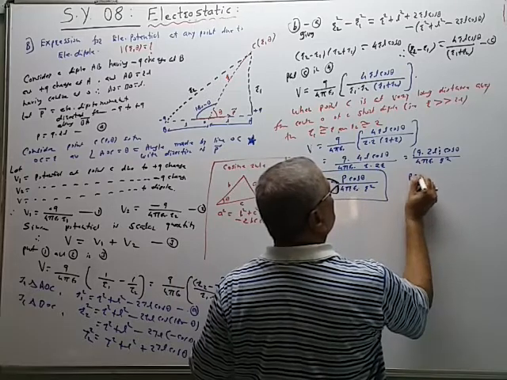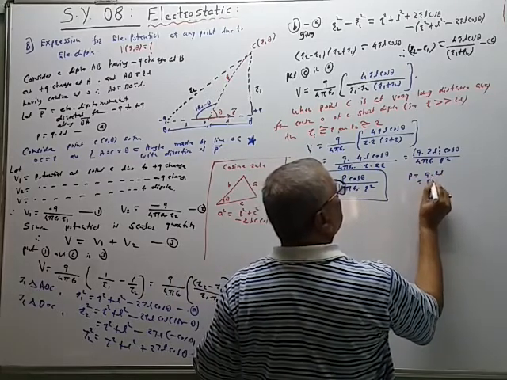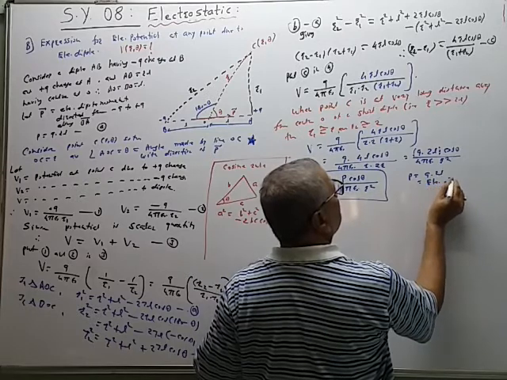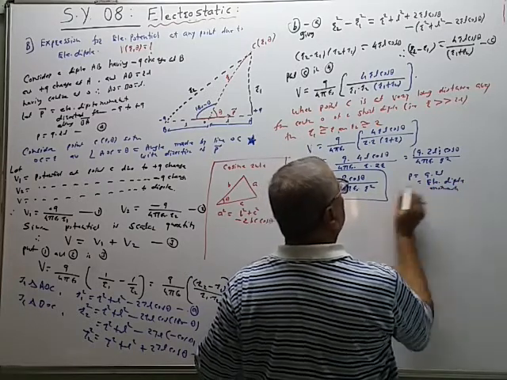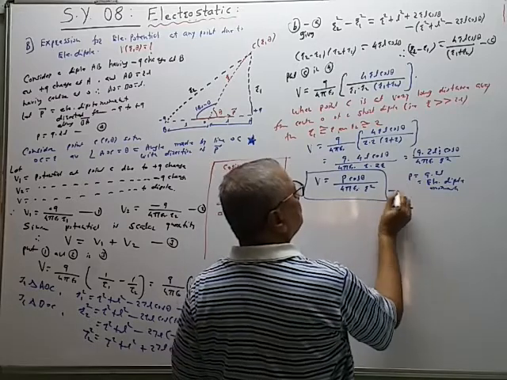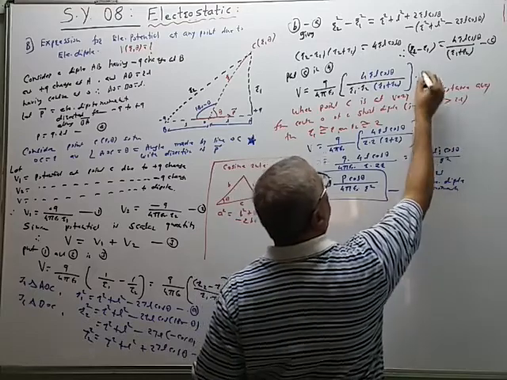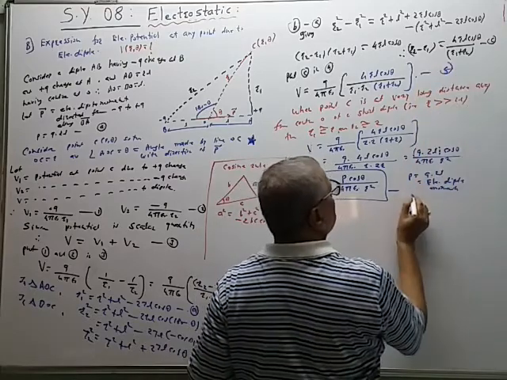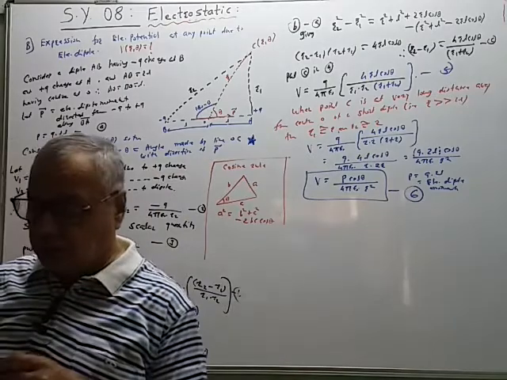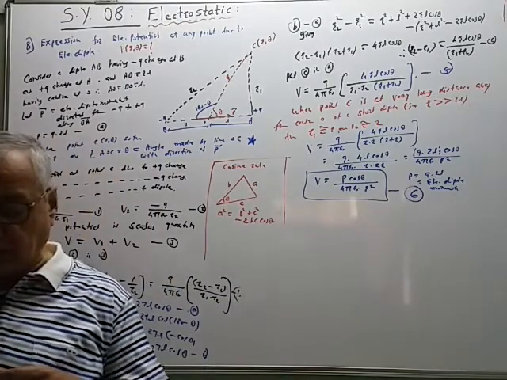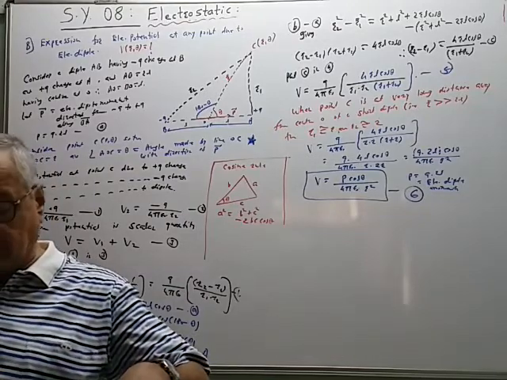P is equal to Q into 2L is equal to electric dipole moment. So this is equation 4, this is equation 5 and this is equation 6. So equation 6 gives the potential P cos theta upon 4 pi epsilon naught R square like this.